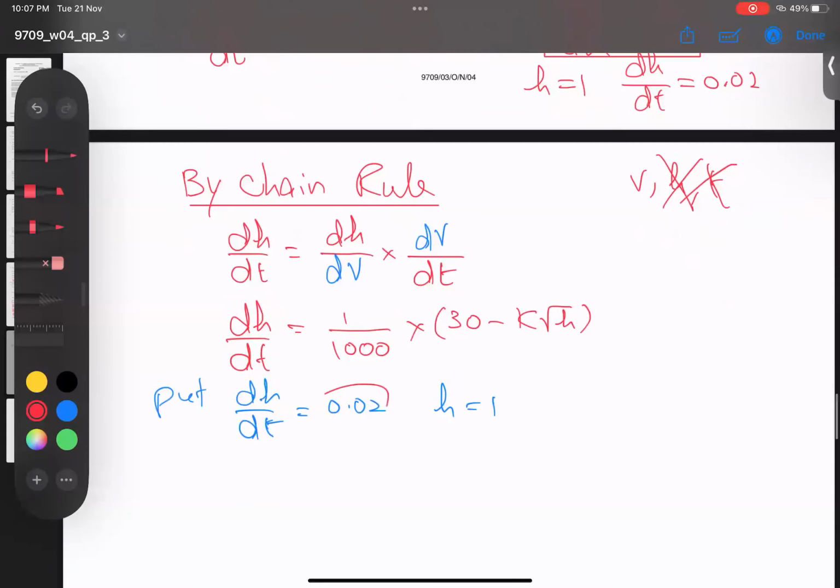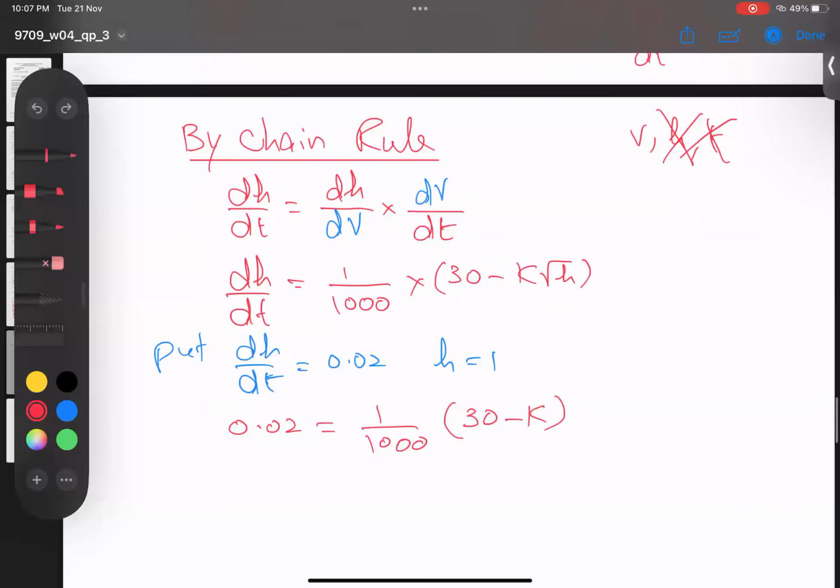So when I keep this value here and h equals 1 here, 0.02 equals 1 by 1000 times 30 minus k only. So this multiplies there, and I get 3 zeros, 3 jumps, 1, 2, 3, becomes 20.